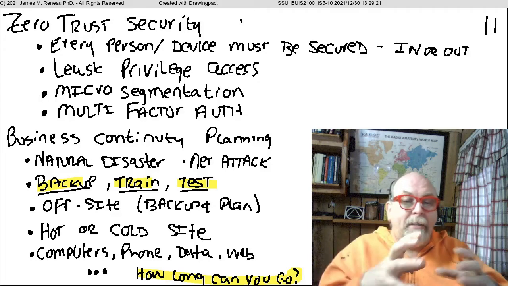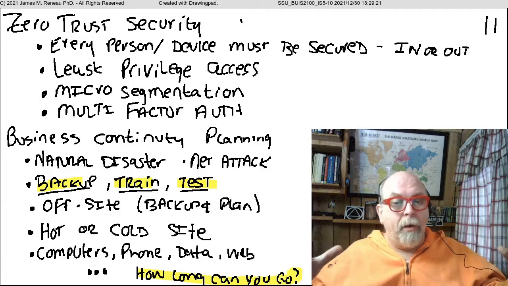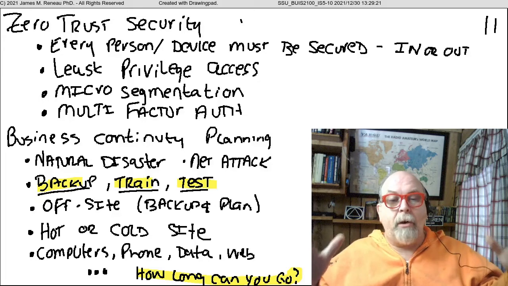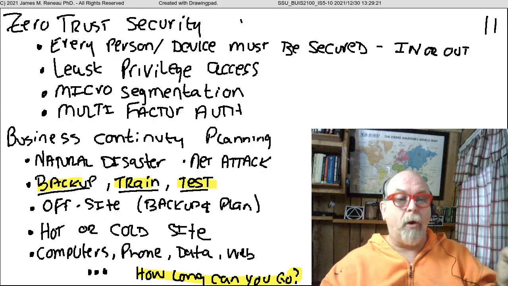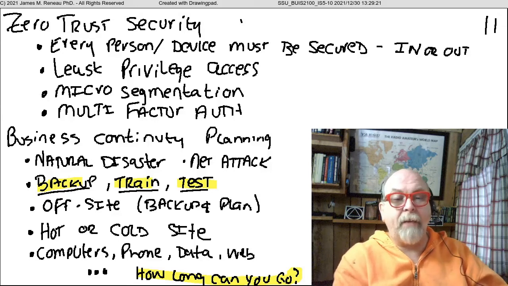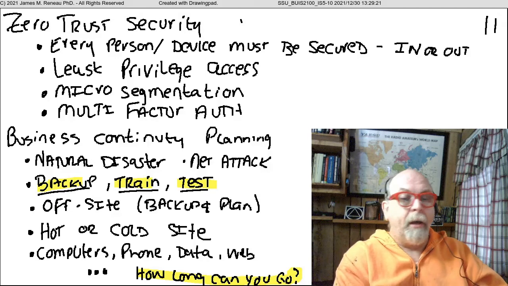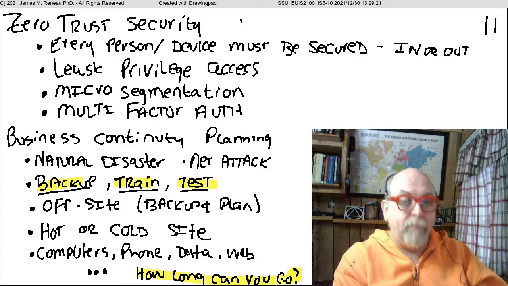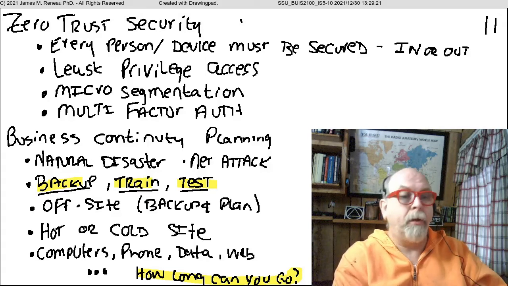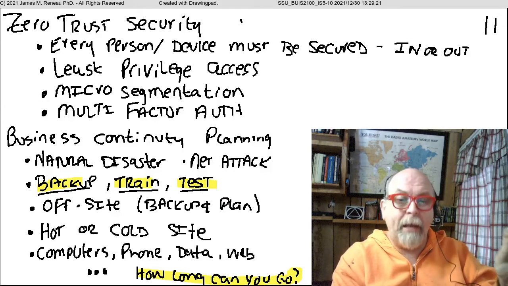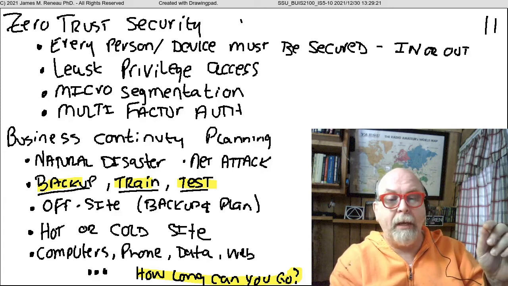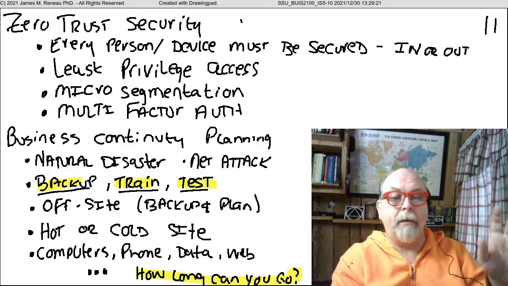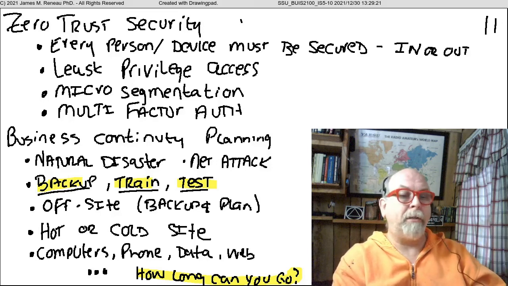So by segmenting the larger enterprise, the larger network and systems, into a group of smaller systems that we can then control, and then using multi-factor authentication to make sure that it's you and not somebody else who just happens to have your password. It's a little difficult to do this in practice, but it's really what most organizations are looking at when they're analyzing their security systems.